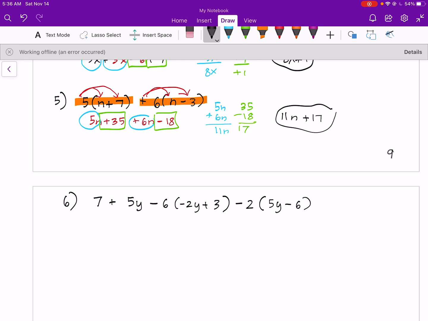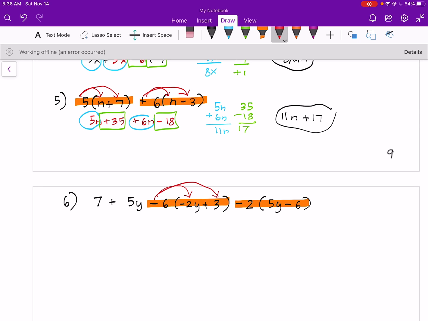Oh boy. Like I said, granddaddy of them all. Got a couple distributive properties, and be careful. They both have negatives in front of it. So that's going to be a negative 6 that gets distributed. And over here is going to be a negative 2 that gets distributed. So be careful there. Let's take care of this first one.